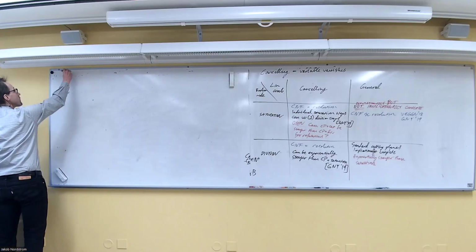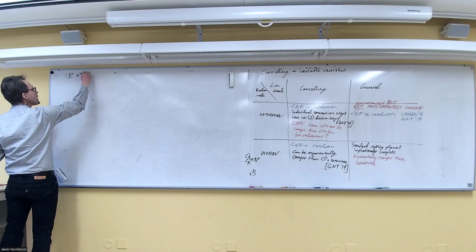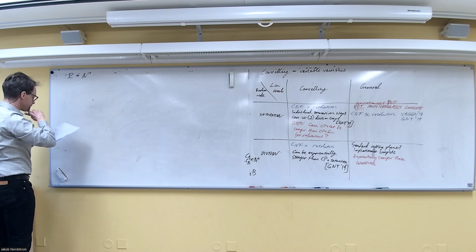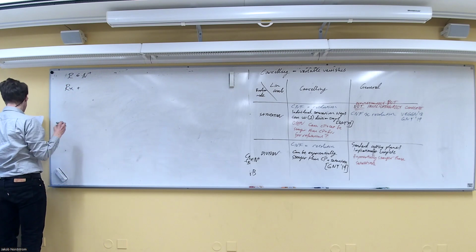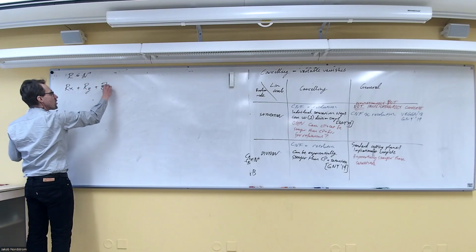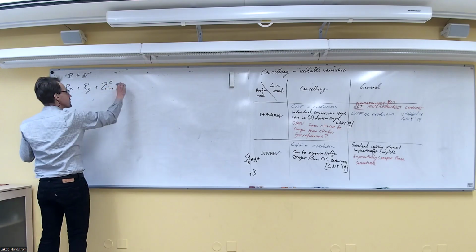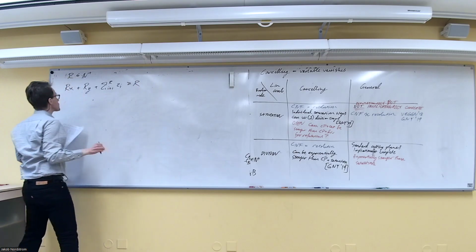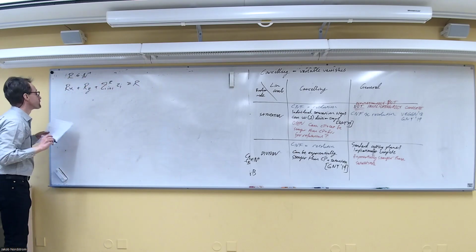Okay? So now, to see this, let R be some really large integer. And now consider the following 2 constraints. Rx plus Ry plus the sum of R z variables greater or equal R. So either x is true or y is true or all of the z's are true.